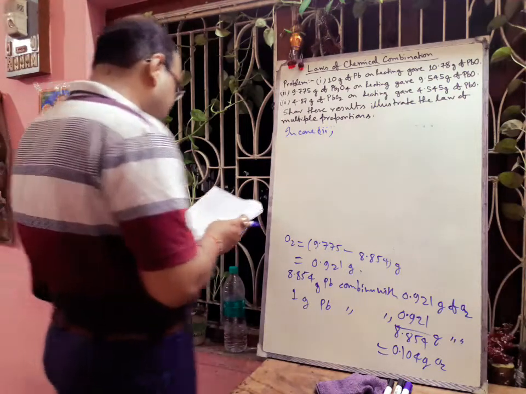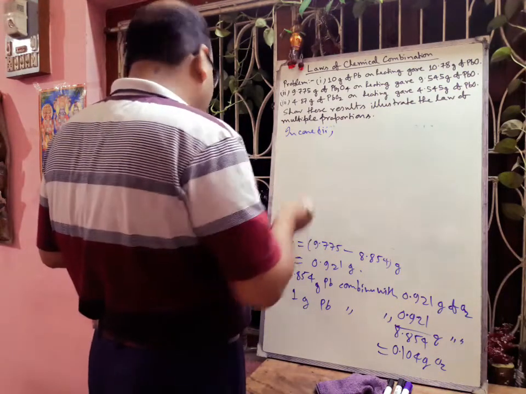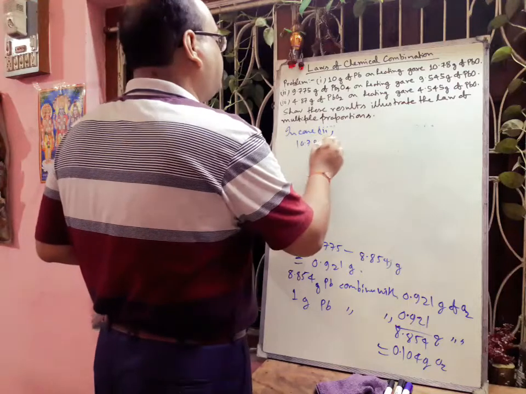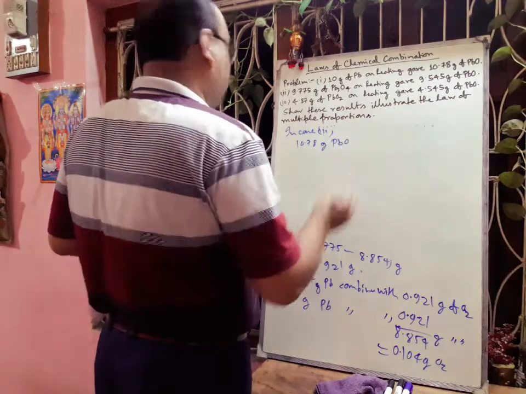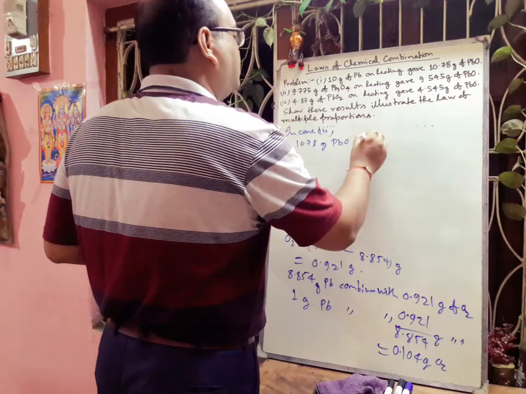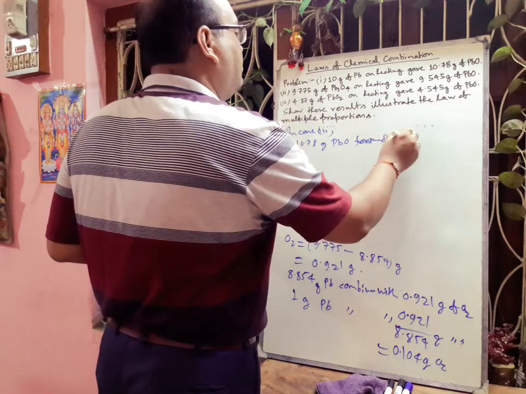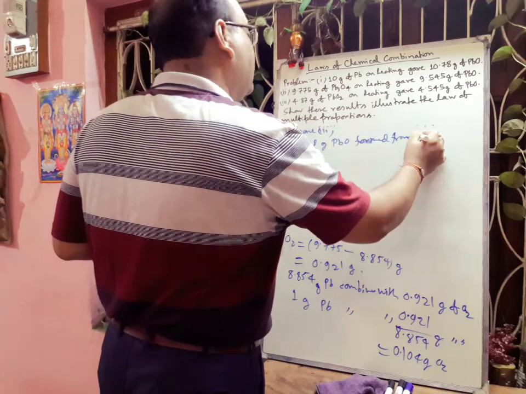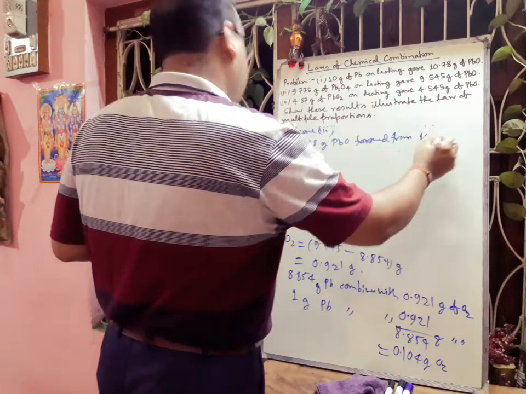So in this case, again we can write that 10.78 gram PbO is formed from 10 gram of Pb.